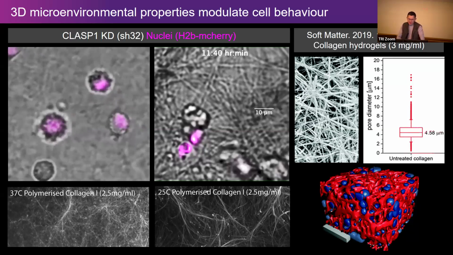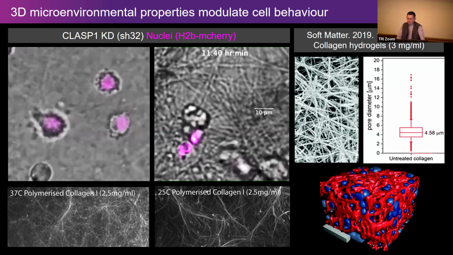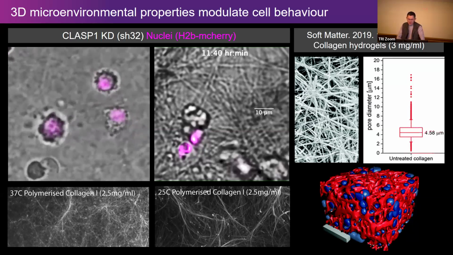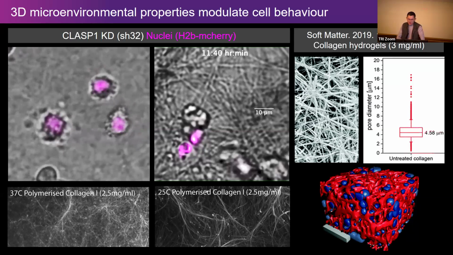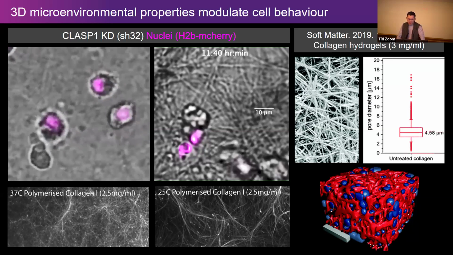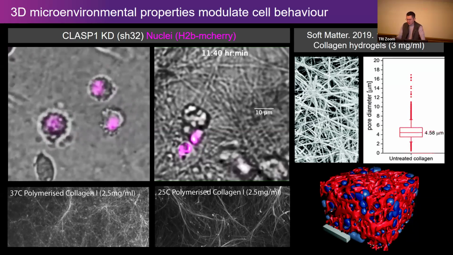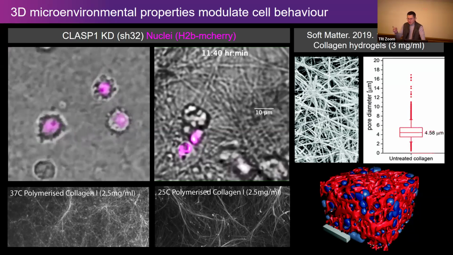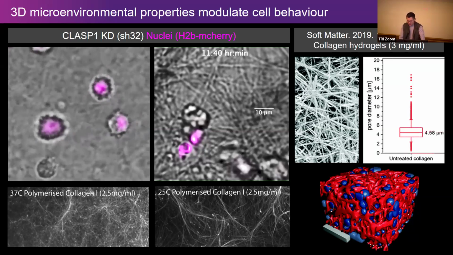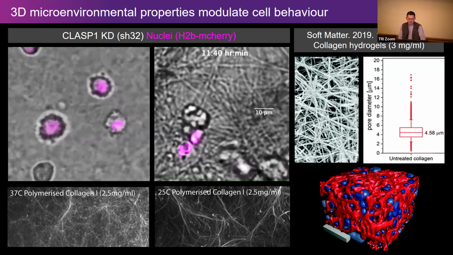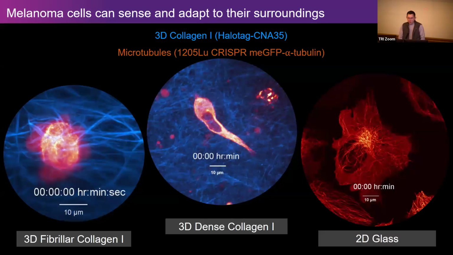And roughly, in a 3 mg per mL collagen lattice set at 37 degrees, the pore size is about 4.5 microns in diameter. So that's the size that the cells need to fit through to undergo invasion. Now, this is important for melanoma cells because melanoma cells can adapt, as you can see from the last two movies, to their different environmental geometries.